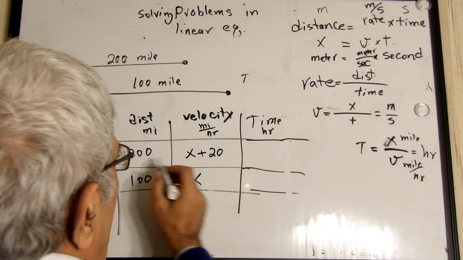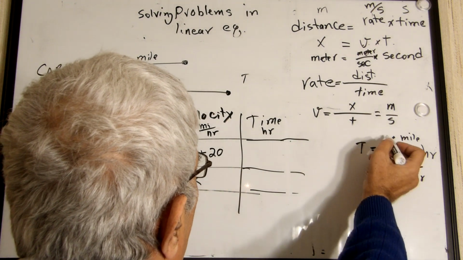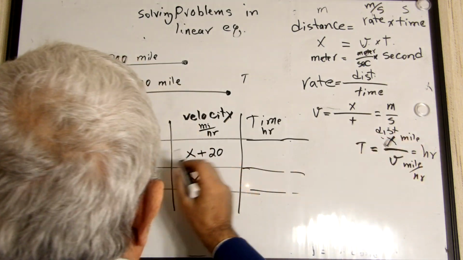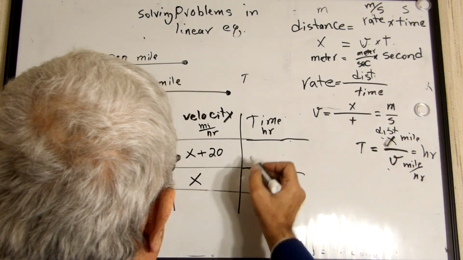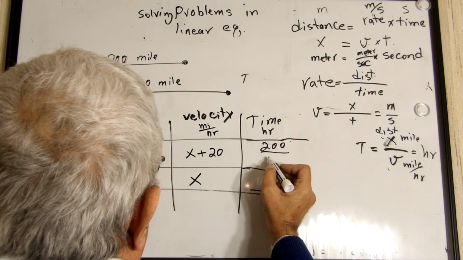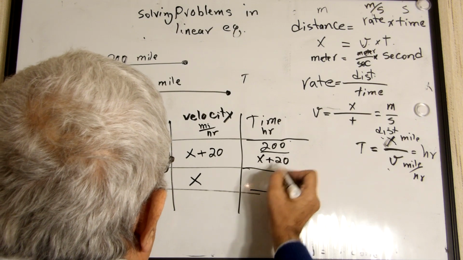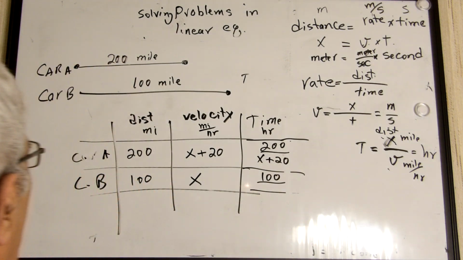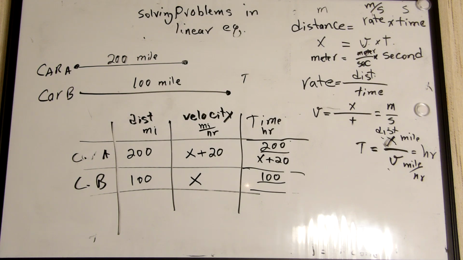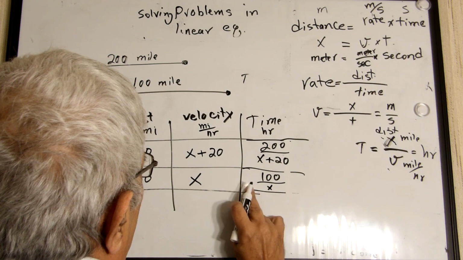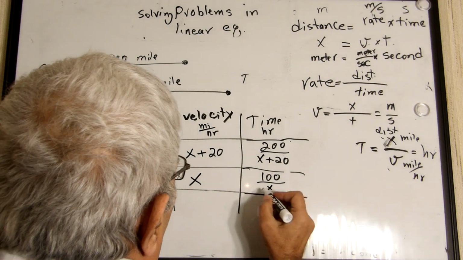So from this formula, x is the distance, okay, and this is the velocity here. So actually it's going to be 200 over x plus 20, the time, and this is 100 miles divided by the rate, the velocity.